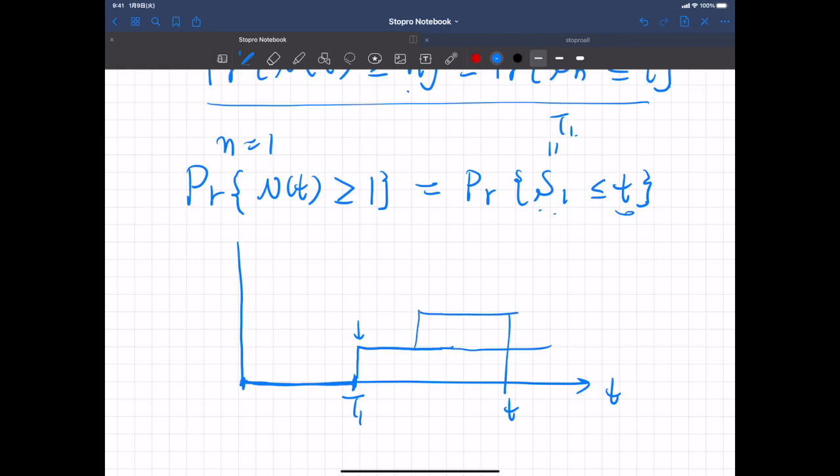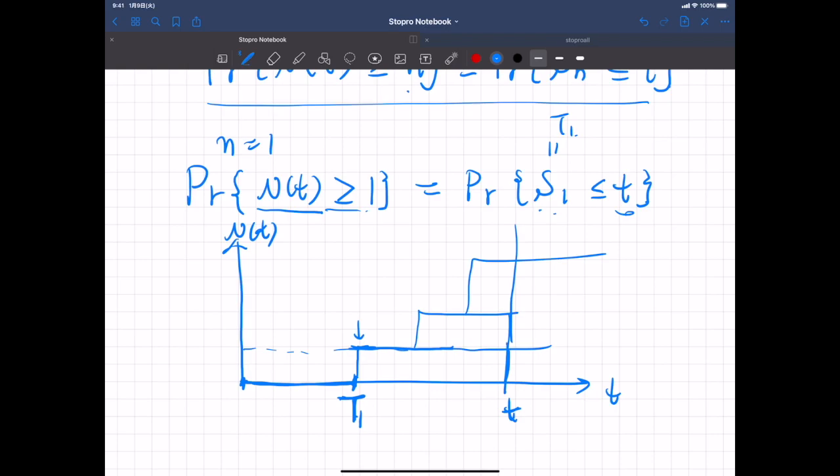There may be 2 or more renewals by that time, but anyway, what we care about is this: this capital T1 is less than the given value of lowercase t. If this is the case, then the number of renewals is always greater than or equal to 1. There is one renewal, so at this point there is at least one renewal already.